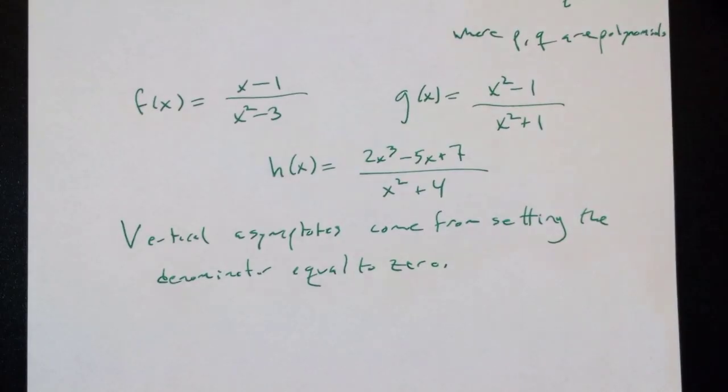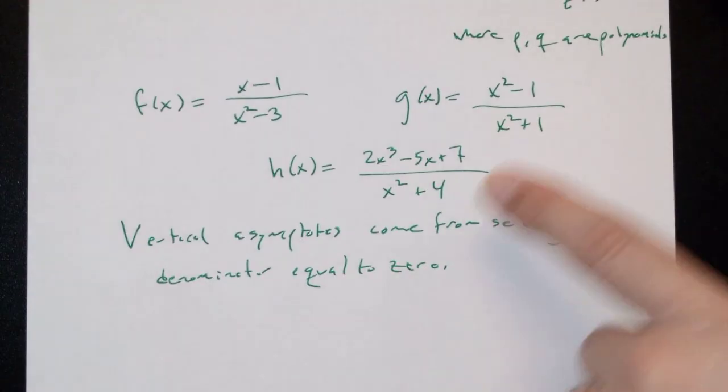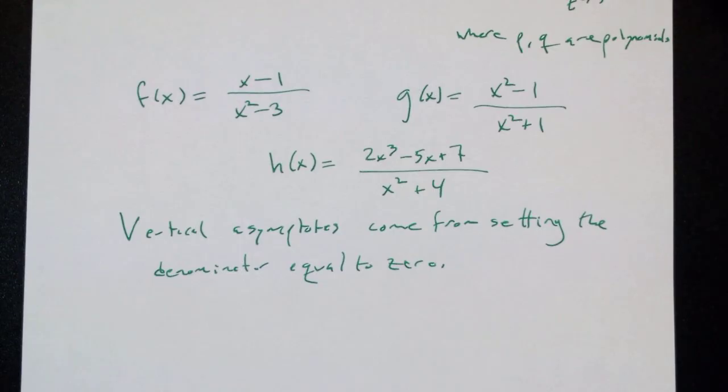Hold that thought. By the way, G and H have no vertical asymptotes because the denominator can never be 0 in either of those cases. F, on the other hand, has 2 of them. Take x squared minus 3, set it equal to 0, you get plus or minus the square root of 3.